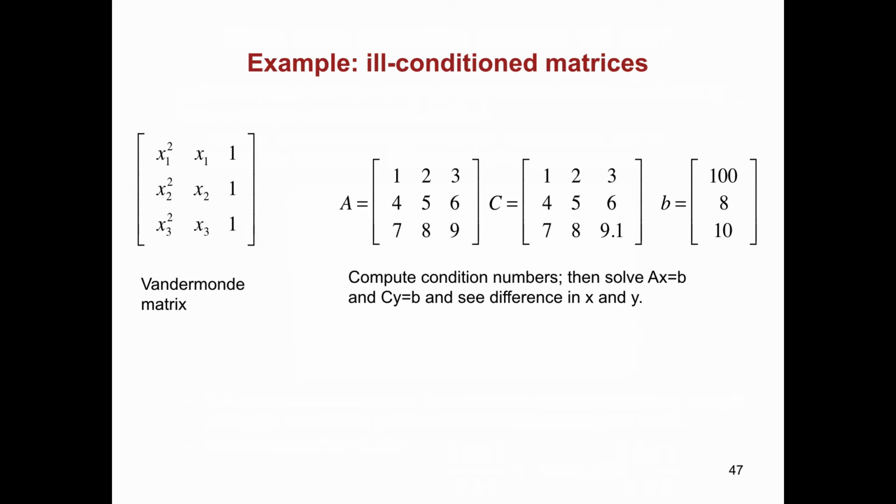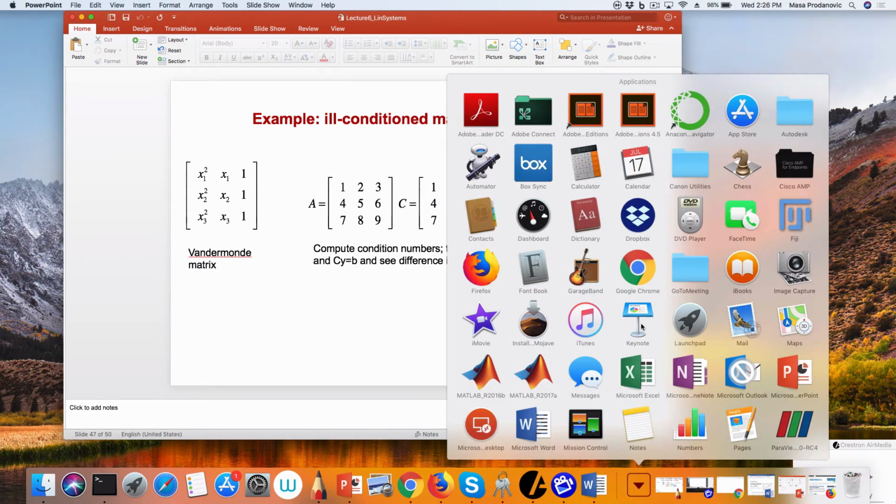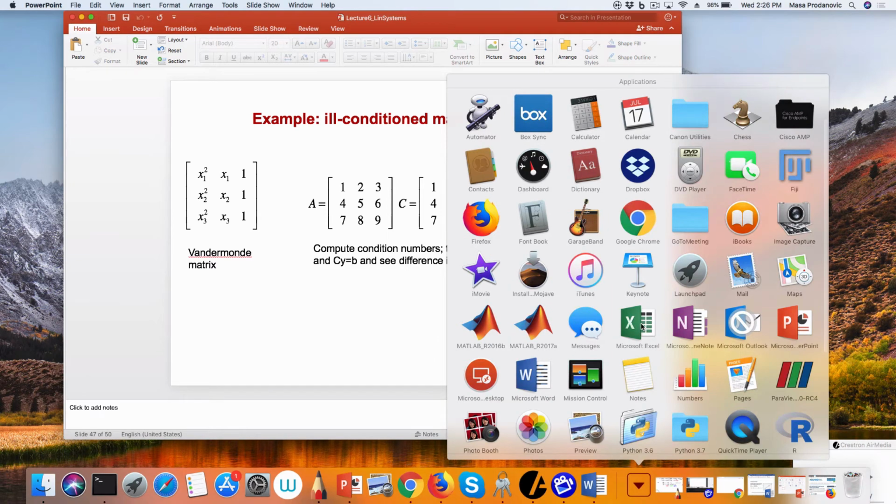There's 9.1 here instead of 9. That's the only difference in matrix C. So I expect solutions to AX equals B and CY equals B to be close. Okay? Let's try. Unless this Python business is very optimized to catch that, we will actually see some trouble. So let's fire up our Python.